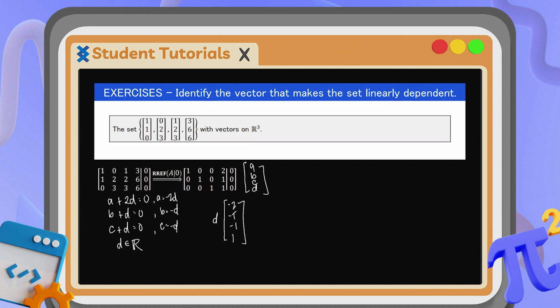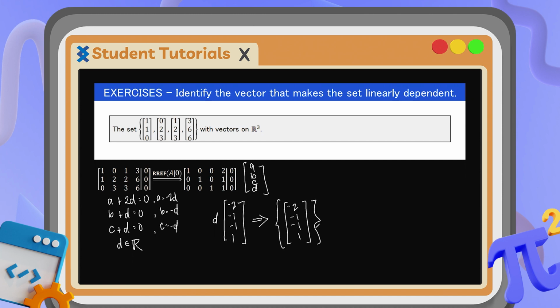This gives the solution set for when a linear combination results in the zero vector.